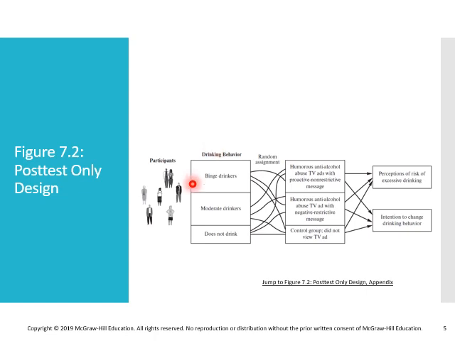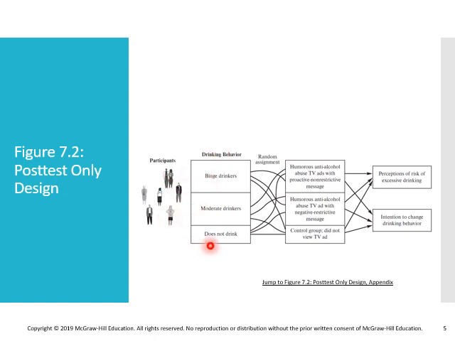How much do they drink, whether they are binge drinkers, moderate, or they do not drink. So we ask our participants to self-disclose their drinking behavior, whether they belong to this or this category.